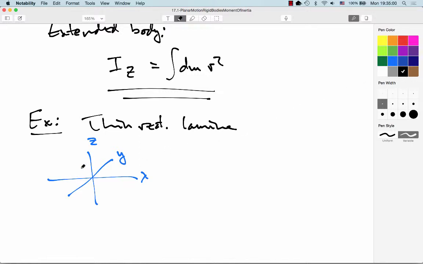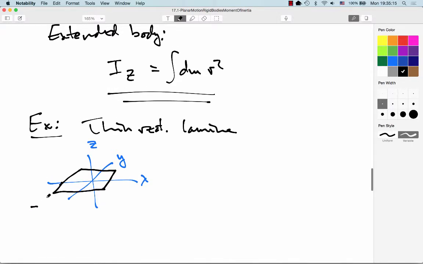Here's my lamina. It's in the xy plane, and its dimensions are a by b. If I did even a half decent job of drawing this, we're going to be running from minus a over 2 to plus a over 2 in the x, and minus b over 2 to plus b over 2 in the y.